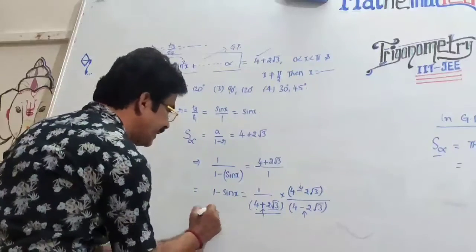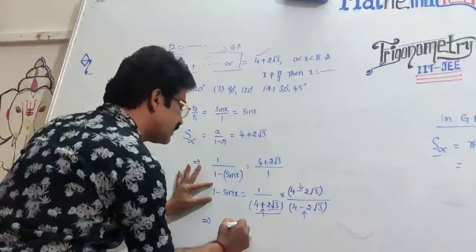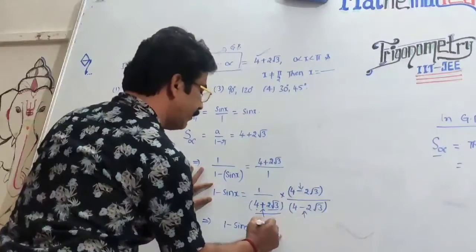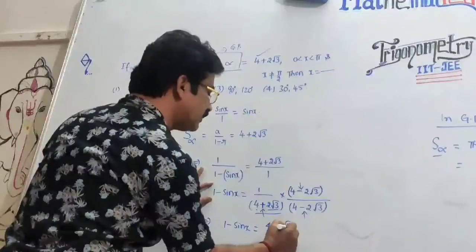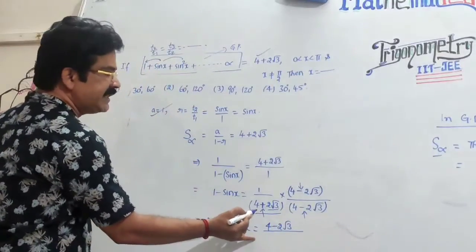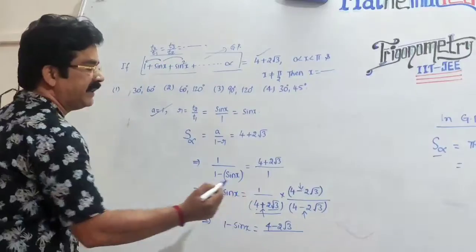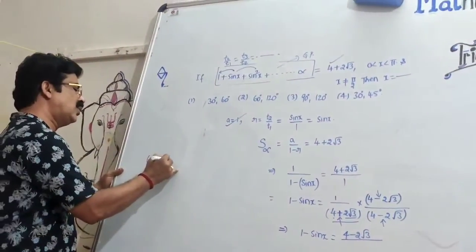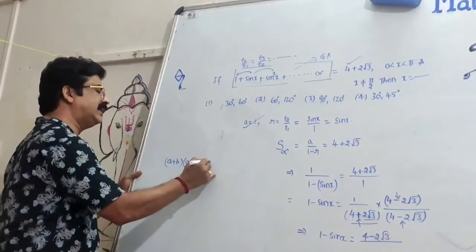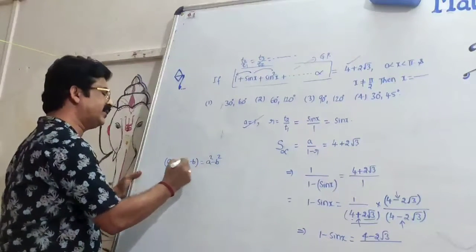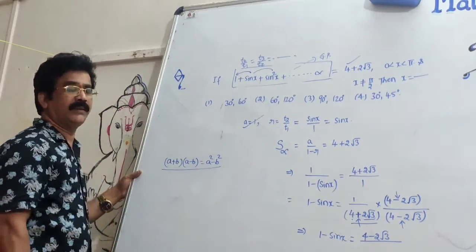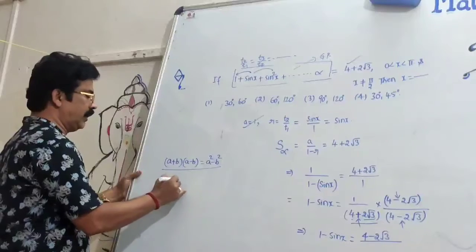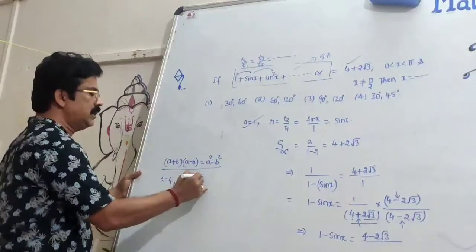Okay, so that implies 1 minus sin x is equal to 1 into 4 minus 2 root 3, whole divided by 4 plus 2 root 3 into 4 minus 2 root 3. It is in the form of (a plus b) into (a minus b), and that is equal to a square minus b square. Here a is equal to 4, b is 2 root 3.